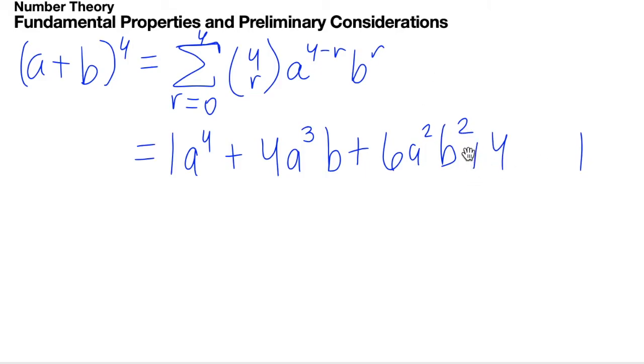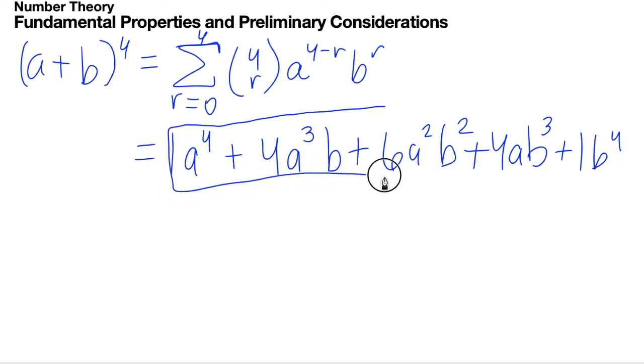Now we have plus a to the 1, so it's okay not to write the 1 here, and then b will become raised to 3. And then plus, we have a raised to 0, which is just 1, and b raised to 4. And this is our answer for a plus b quantity raised to 4.